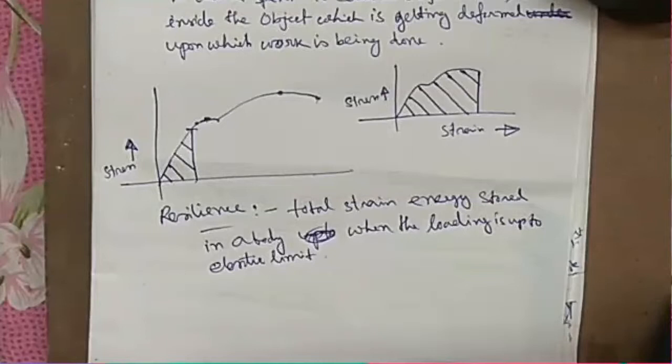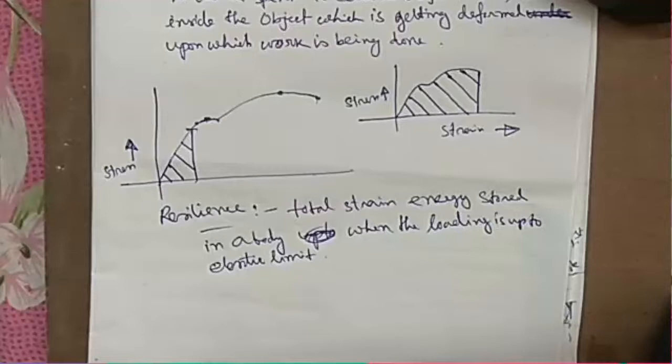Okay, so now resilience means the total strain energy stored in a body when the loading is up to the elastic limit. So is the definition clear? What is resilience? If the loading is up to the elastic limit, then the work done will be equal to the stored strain energy, and that measure of strain energy will be called resilience.